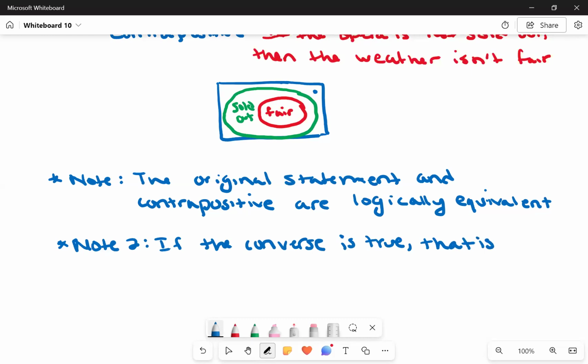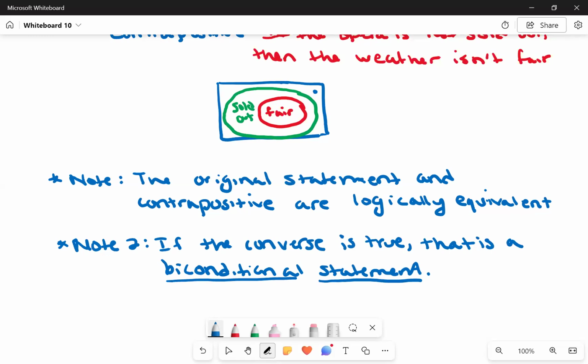Is a biconditional statement. And I'm going to underline that so we see that phrase as kind of like a definition. Okay.